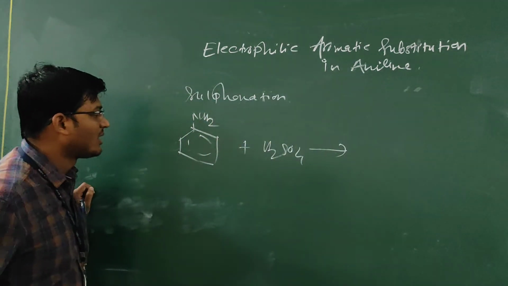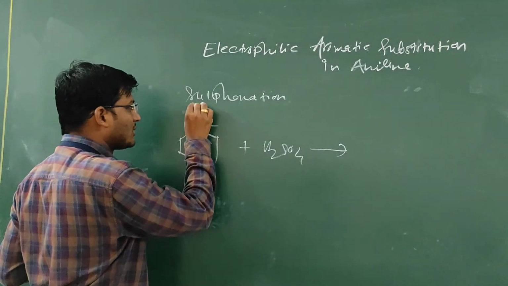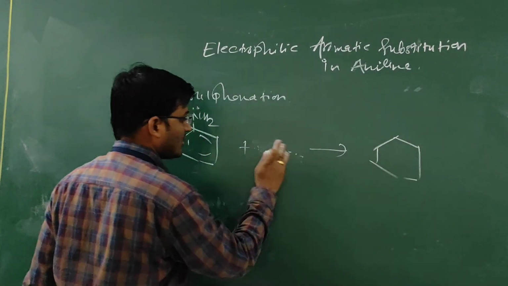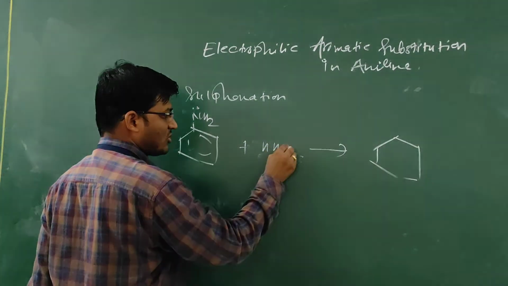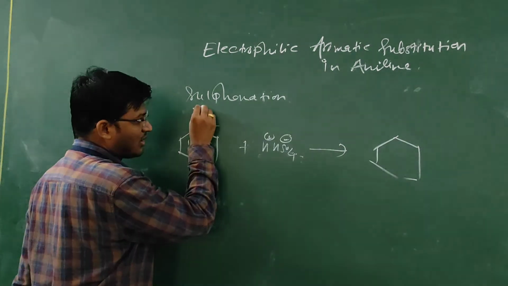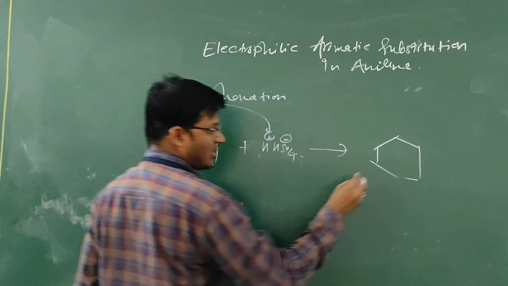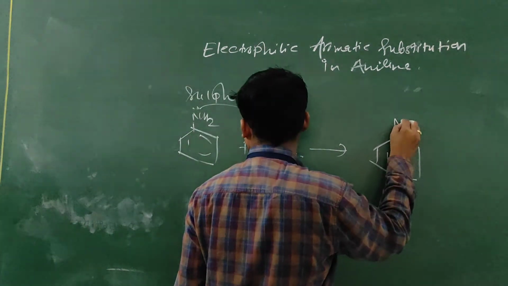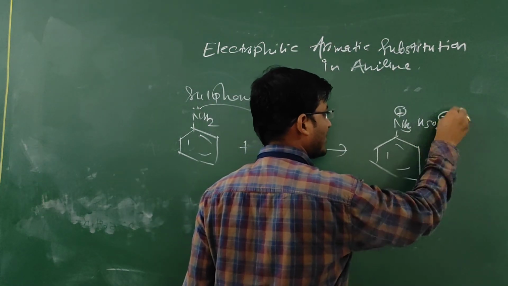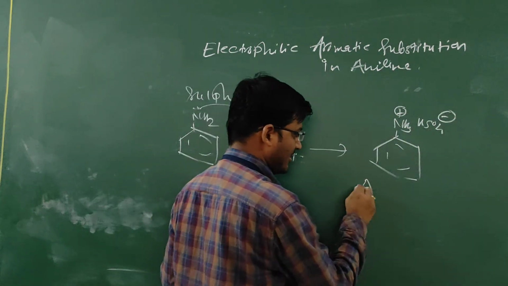The lone pair is present. H2SO4 gives H positive and HSO4 negative. This lone pair takes the proton and forms NH3 positive, HSO4 negative. This is anilinium sulfate.